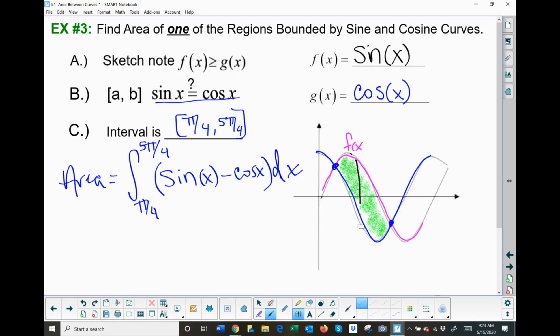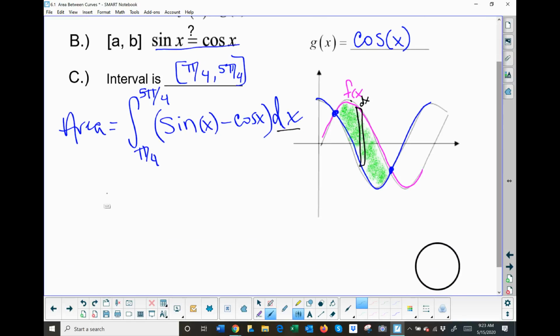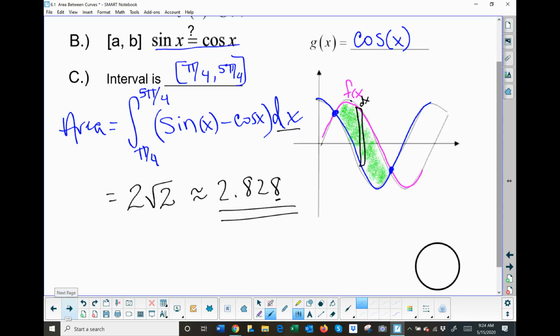So we have a rectangle in here, well, actually many, an infinite number of rectangles because they have infinitesimally small widths. And then it's just a matter of integrating it. I did do it by hand, but I'm just going to tell you it turned out to be 2 square root 2, which was approximately 2.828. And remember, if you do it in the calculator, you must give 3 decimal places for your answer, so you've got to be accurate out to that thousandths position.